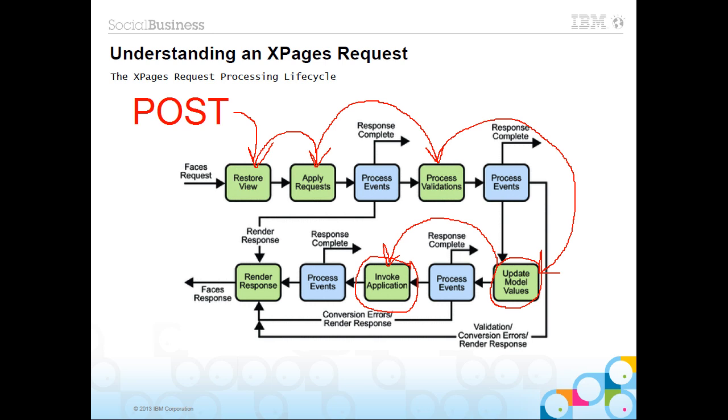It then carries out the task of actually resolving the domino document and saving that into the backend domino data source. When the save action successfully completes, the runtime is then allowed to proceed to the render response phase, and the same process occurs as described previously. Each of the components are asked to render their corresponding HTML markup, and of course the end user then sees the response.